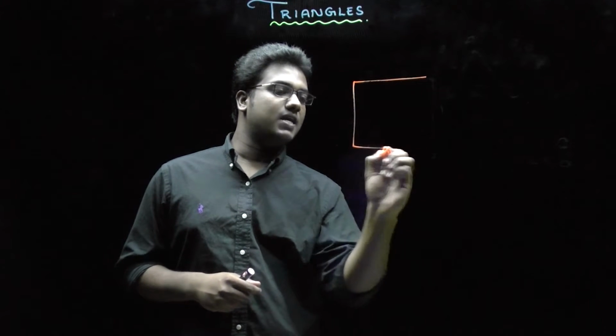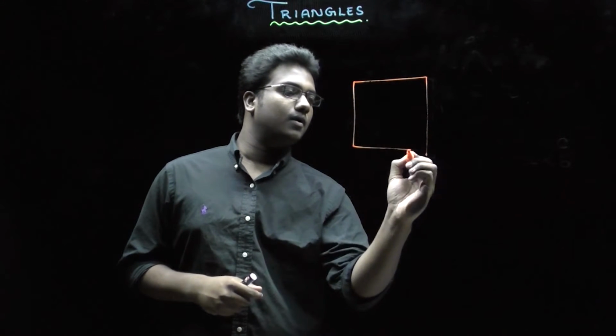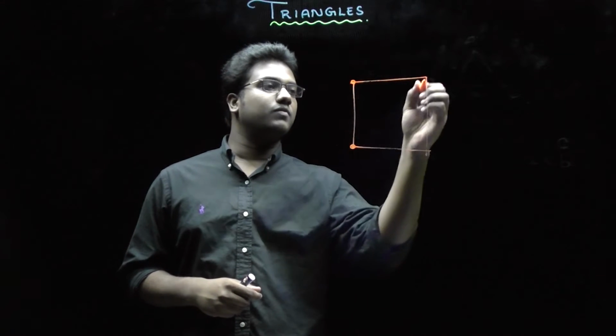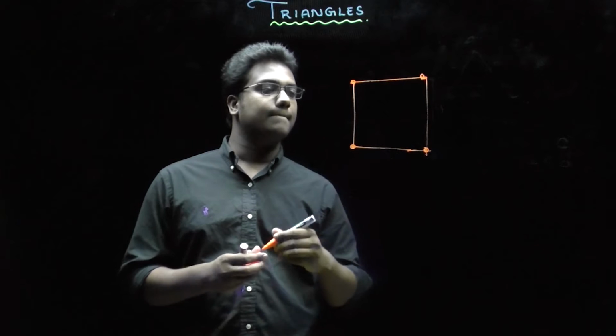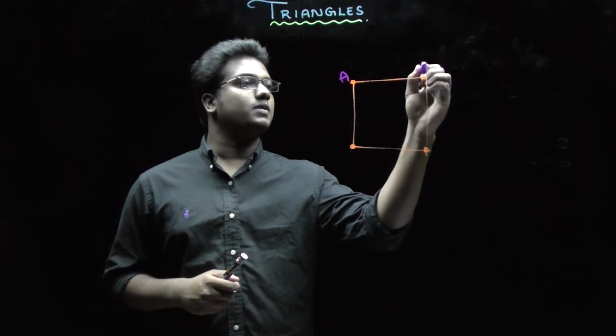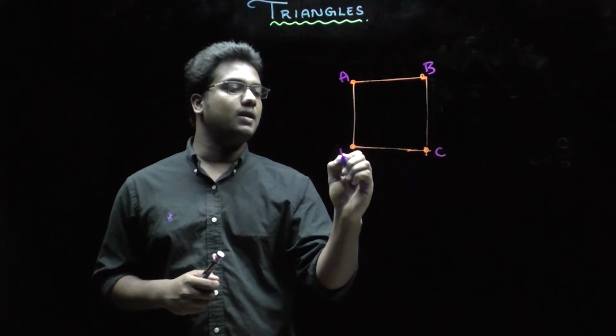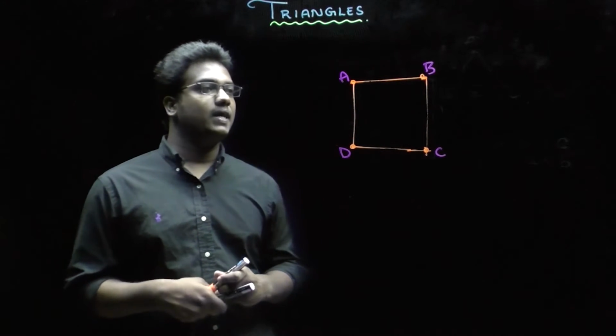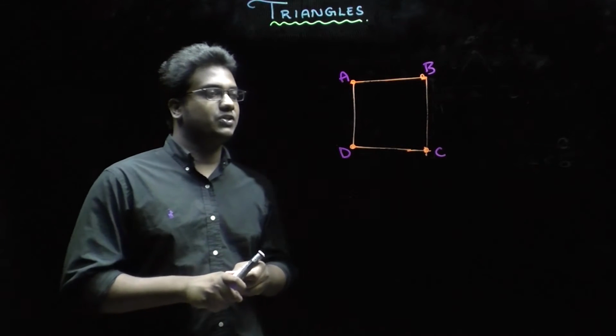Suppose this is a square and let us label the vertices. This is suppose A, this is B, C and D. Okay. And we will be dividing each side with a certain ratio.